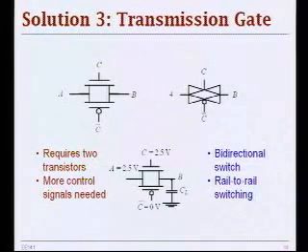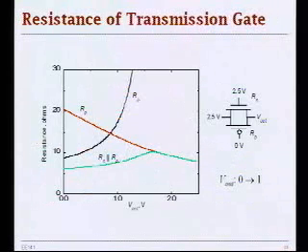Again, we see a trade-off. You can pretty much create good switches, but you go back to the problem of doubling the number of transistors. Now, if you look at the resistance of the transmission gate, as Vout goes from 0 to VDD, what happens?